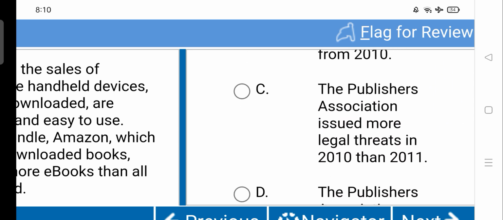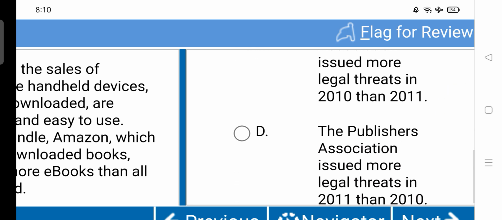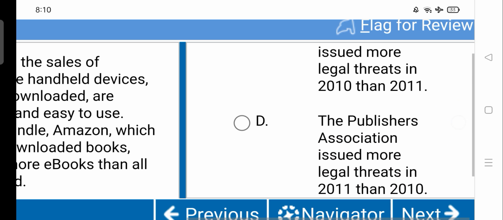Option C, the Publishers Association issued more legal threats in 2010 than 2011. Option D, the Publishers Association issued more legal threats in 2011 than 2010.